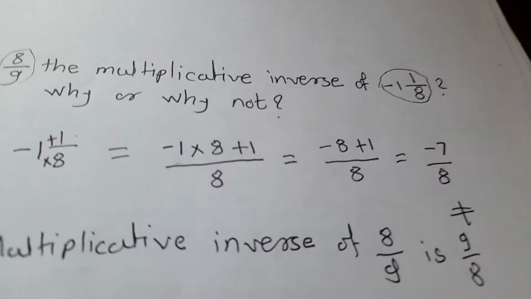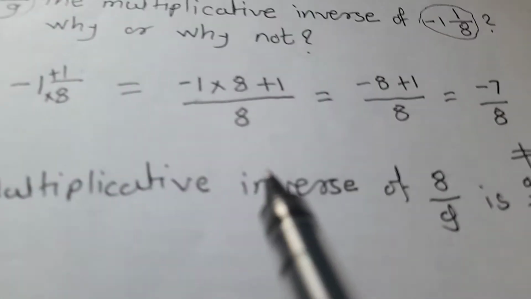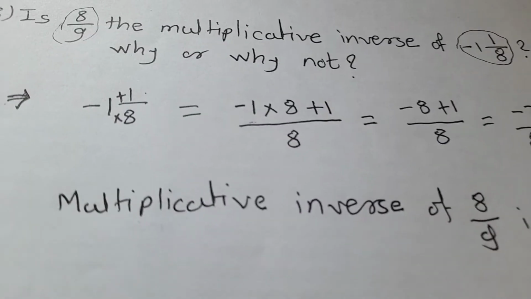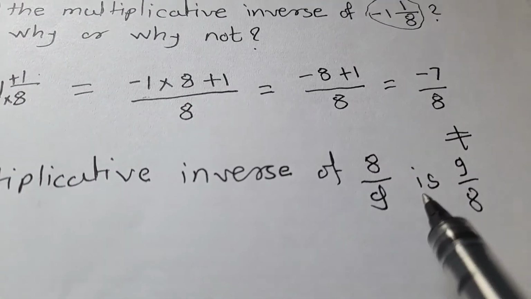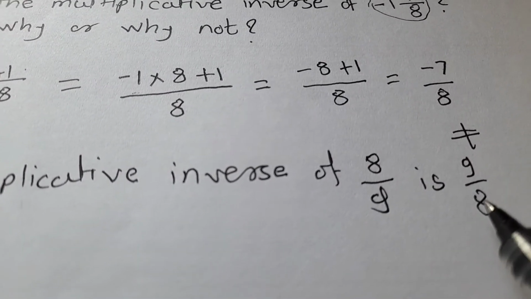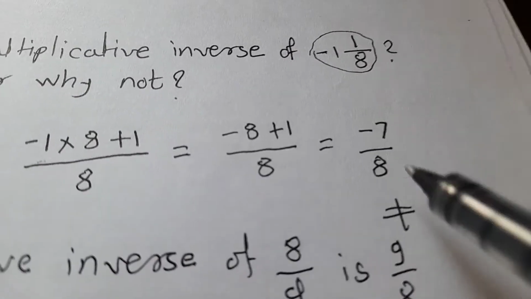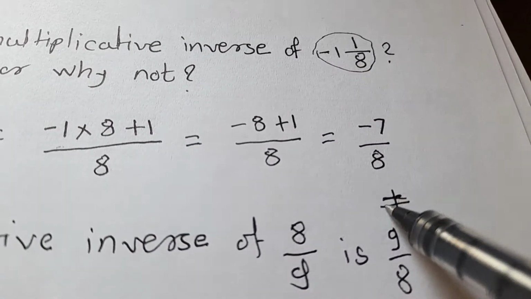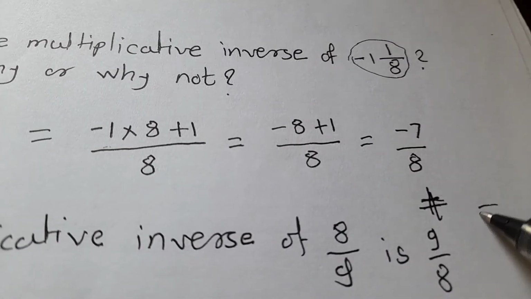What is the multiplicative inverse of 8 upon 9? The multiplicative inverse of 8 upon 9 is 9 upon 8. But minus 7 upon 8 is not equal to 9 upon 8.